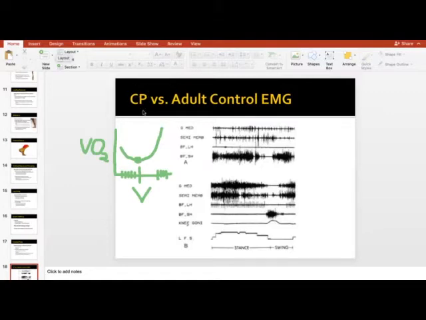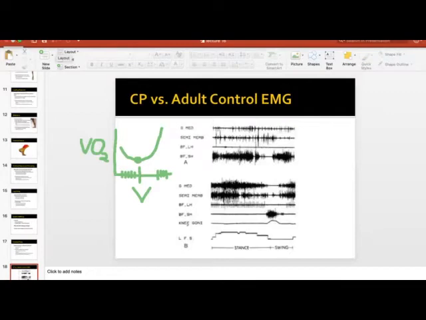So for an individual who has CP to walk like a pendulum, it might actually make the energy need, or the amount of oxygen that individual utilizes, increase. And if that's the case, a pendulum walking style for that individual is actually not normal or effective for them. So typically an individual is going to establish a walking pattern that is going to be normal and effective for their muscular system.